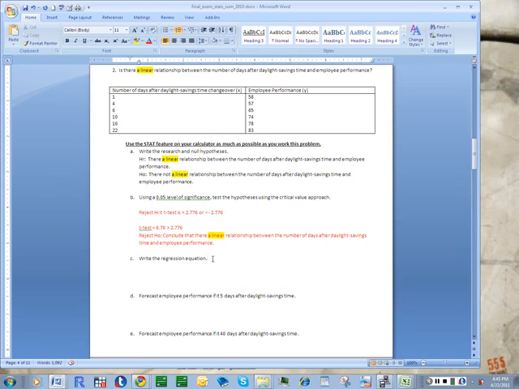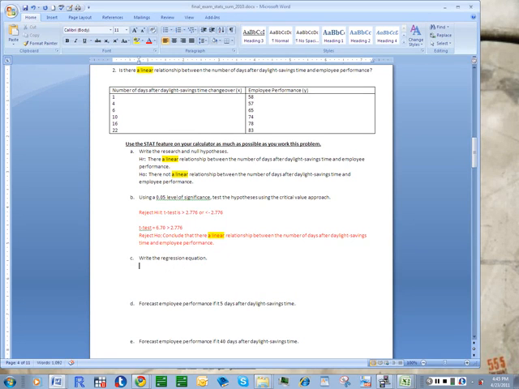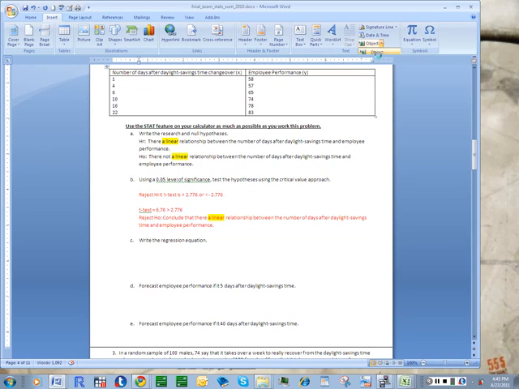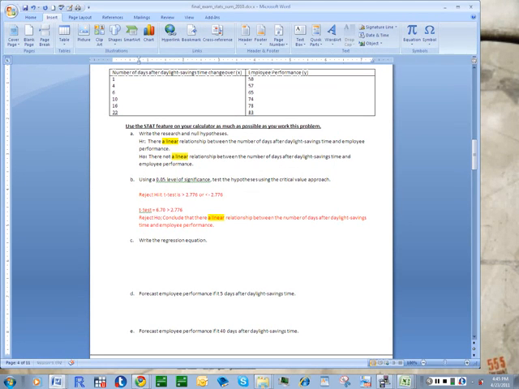So my regression equation, let's see. So anyway, the regression equation, I'm going to put predicted, let me do it this way, performance predicted.